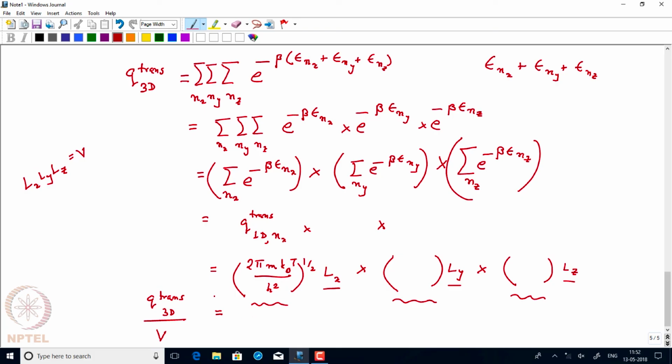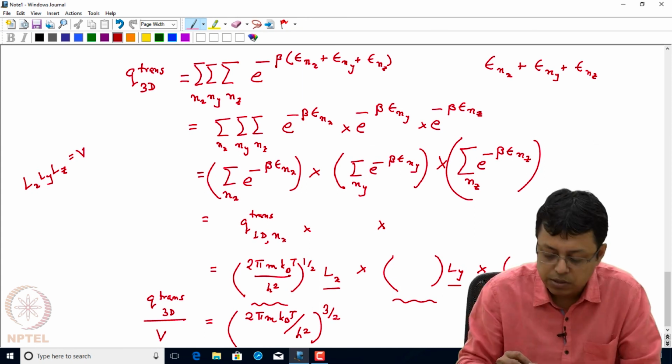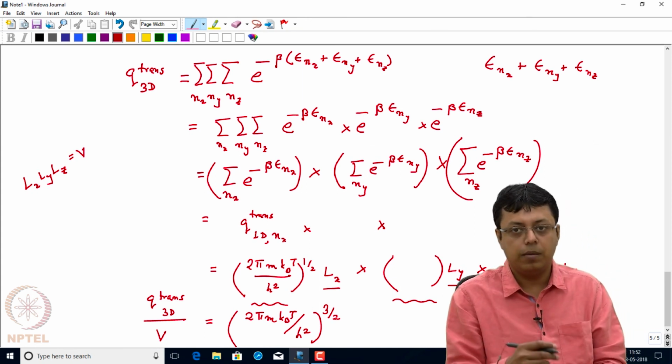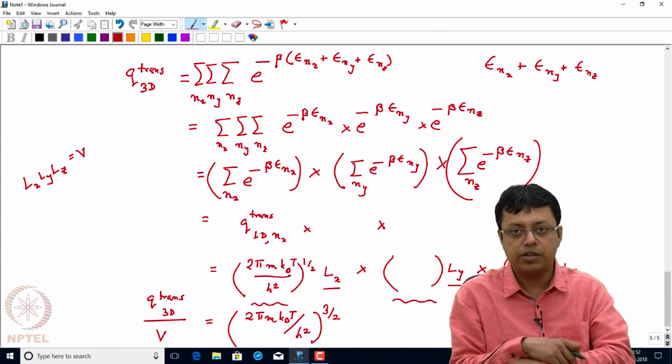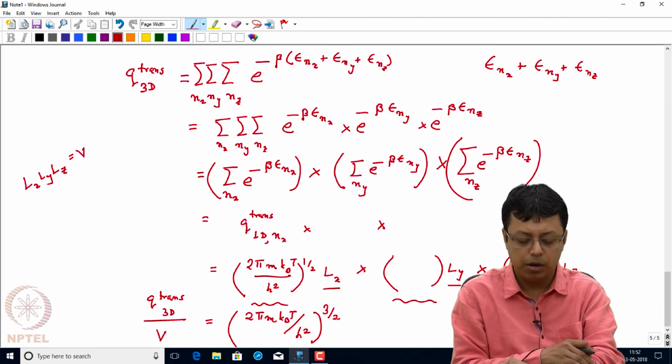So we'll get the translational partition function per unit volume as 2 pi m kbT divided by h square raised to the power 3 by 2. So this is the total translational partition function for a molecule.